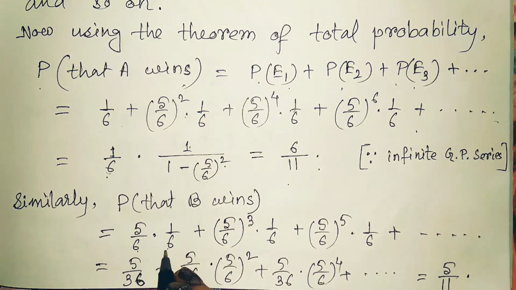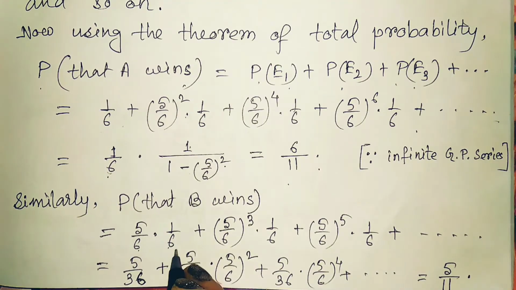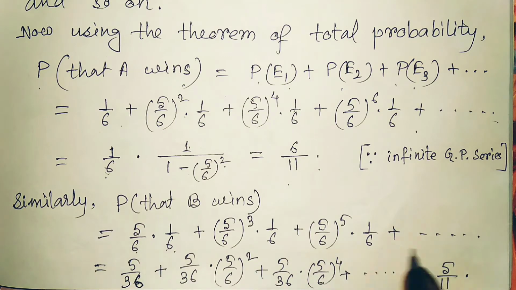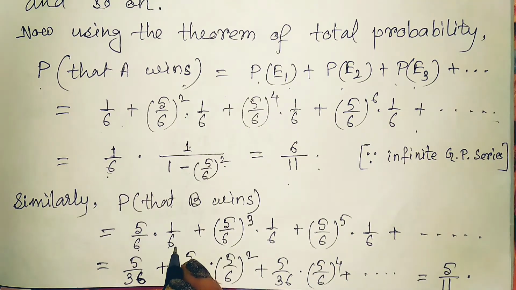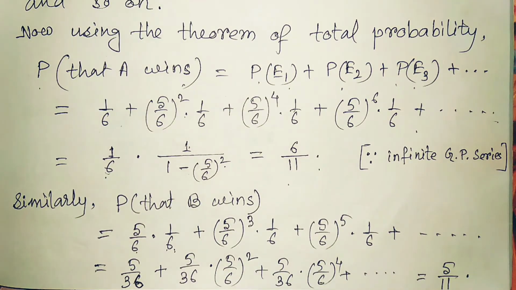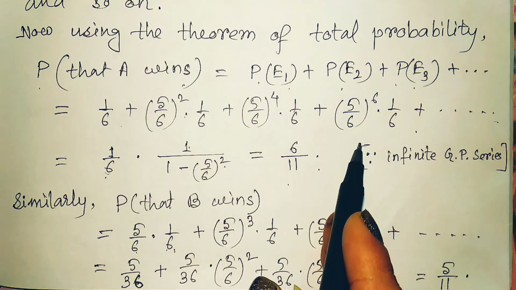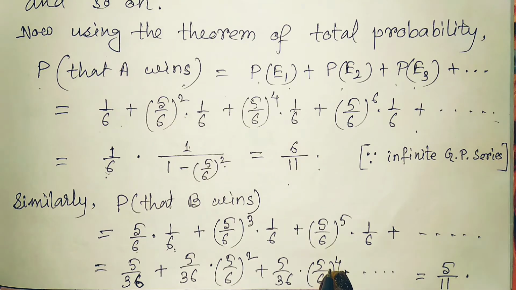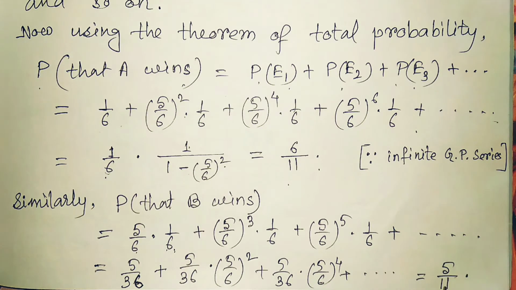So it starts from 5 by 6 into 1 by 6, and now it will proceed. In all the terms 5 by 6 into 1 by 6 is common. If we take that common, then again we get the previous series, which is a GP series with the same common ratio (5 by 6) whole square. If we simplify, we find it is 5 by 11 is the probability of B winning this match.